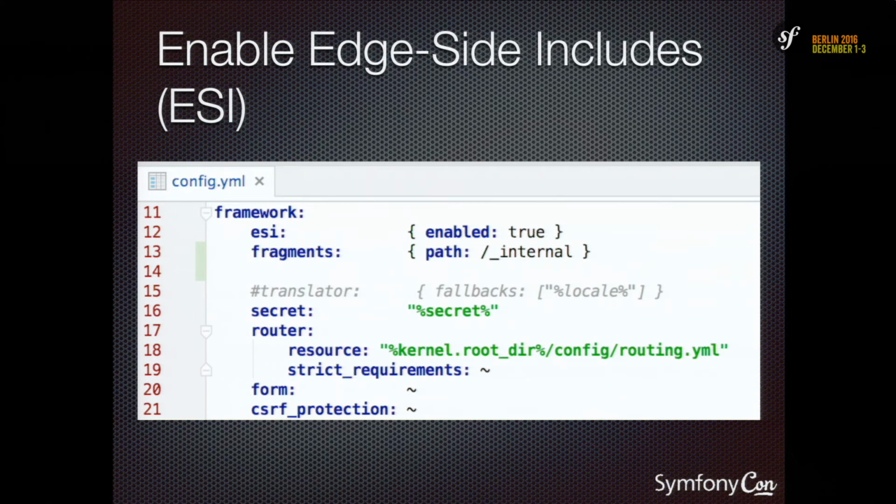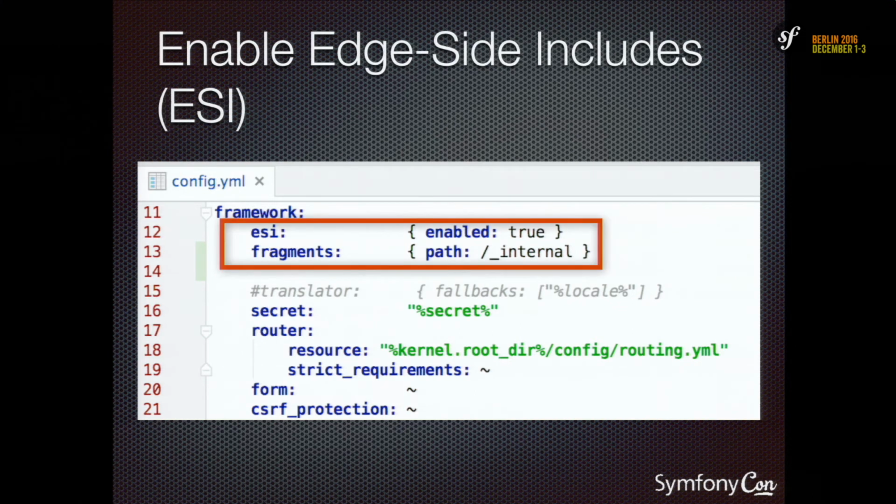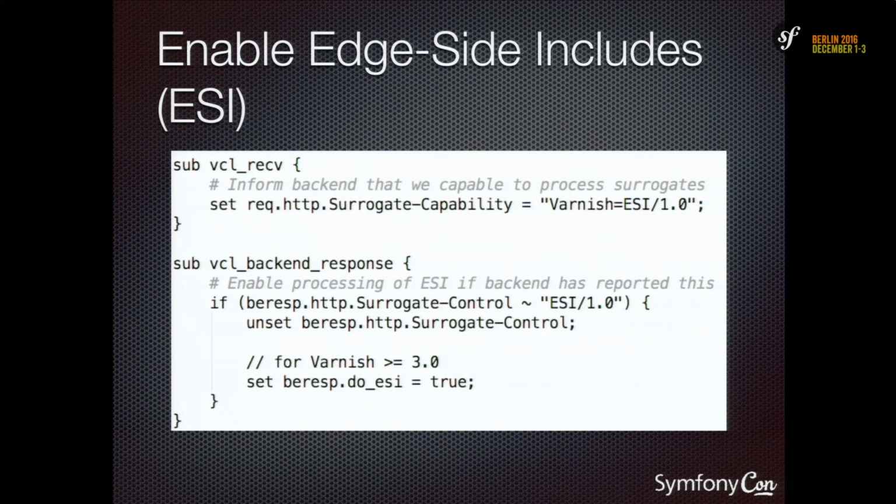To enable this feature in your Symfony application, just add special configuration called ESI and enable support for fragments that will be used by the Symfony framework to control the rendering of your page. The next step will be to enable support in your Varnish for Edge Side Includes.